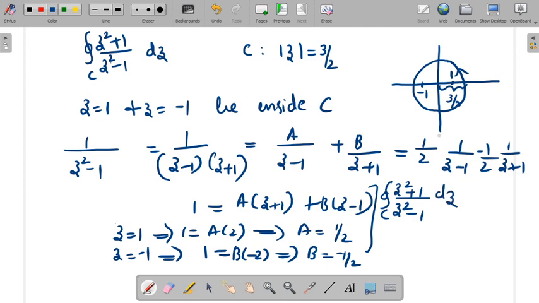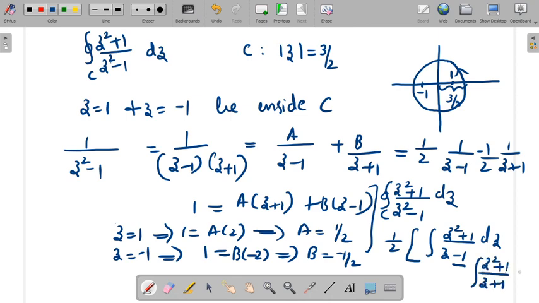So this is 1 by z square minus 1. ഇതിനെ z square plus 1 കൊണ്ട് multiply ചെയ്യണം. So 1 by 2 was common. Integral z square plus 1 by z minus 1 dz minus integral z square plus 1 by z plus 1 dz. ഇപ്പോൾ ഇതിലെ ഓരോ ഇന്റഗ്രൻറ്റും Cauchy's fz by z minus a എന്നുള്ള ഫോമിലാണ്.